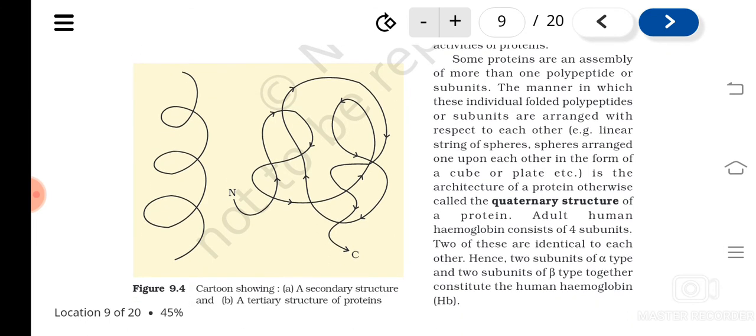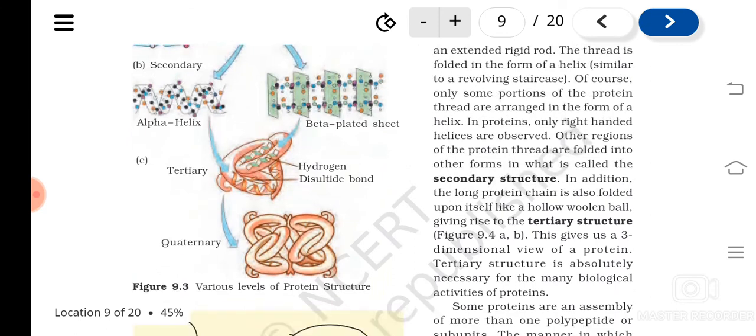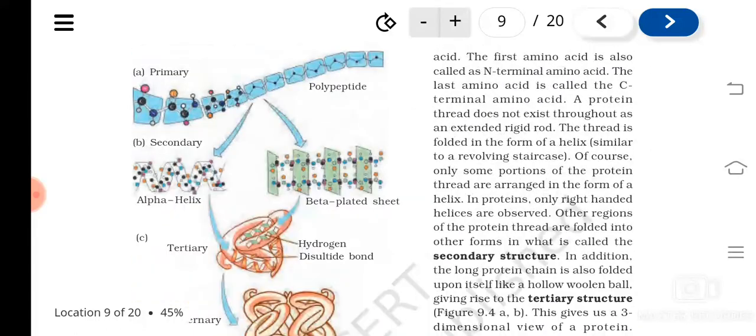The example for this is human hemoglobin. Hemoglobin actually has 4 subunits. 2 of these are identical, and the other 2 are also identical. So there are 2 alpha polypeptide chains and 2 beta polypeptide chains. How all together they are arranged explains the quaternary structure.